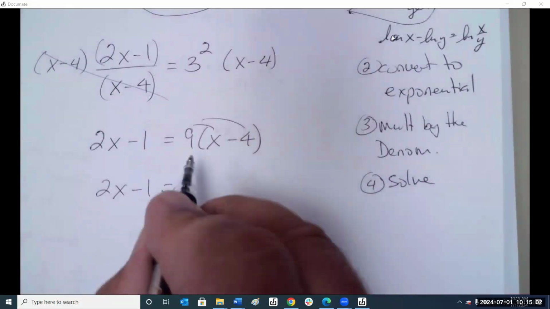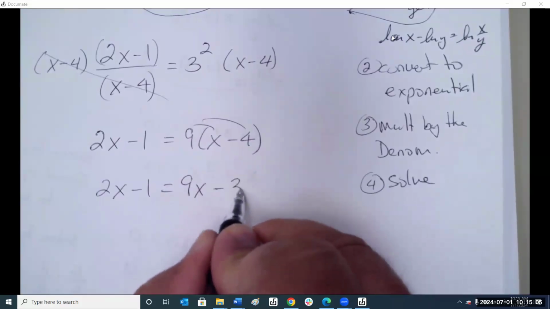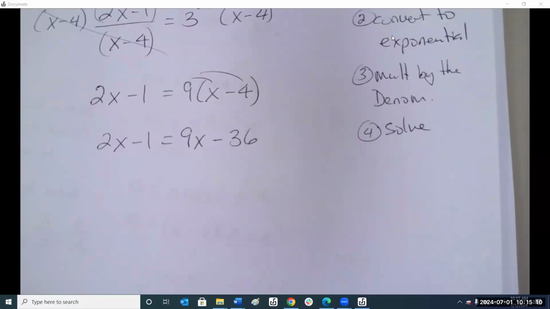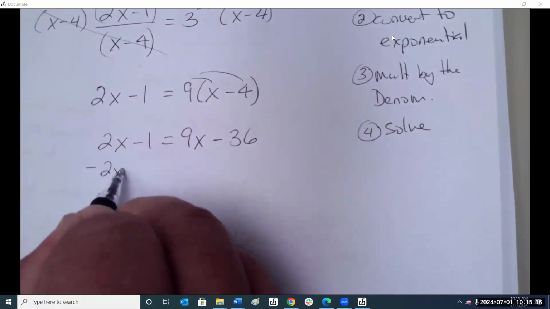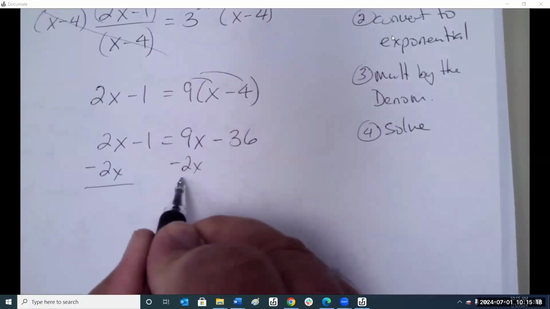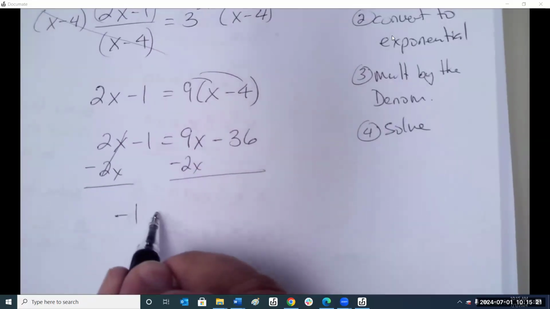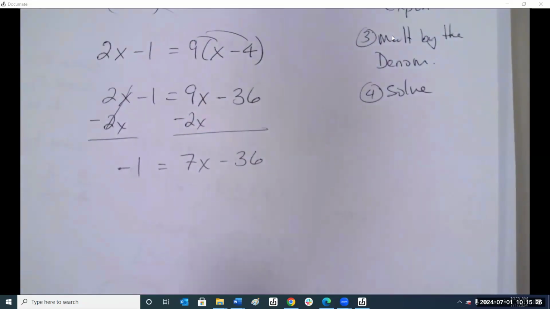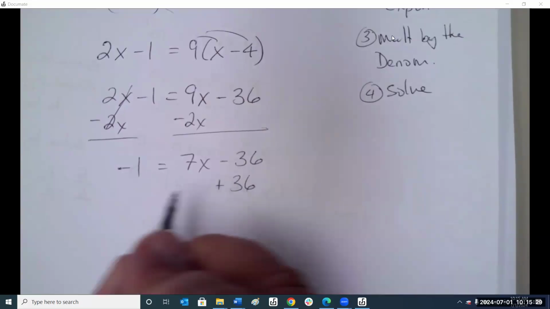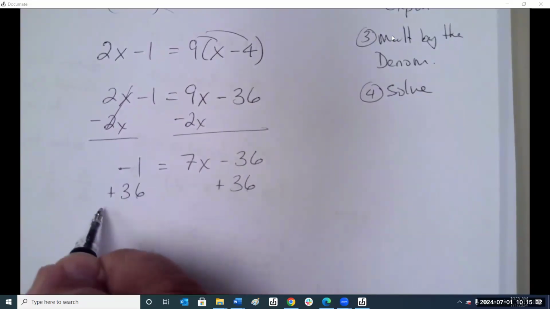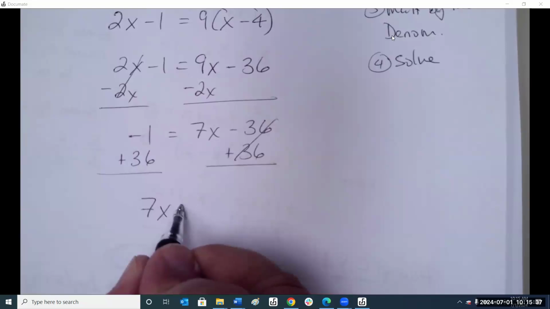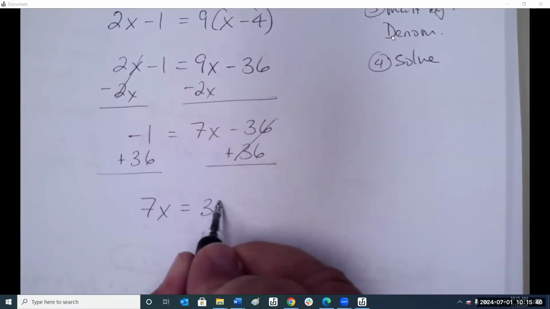2x minus 1 equals 9x minus 36. Move the smaller x to the larger x. 9 minus 2 is 7. And then move the non-x to the other side. 36 minus 1 is 35.